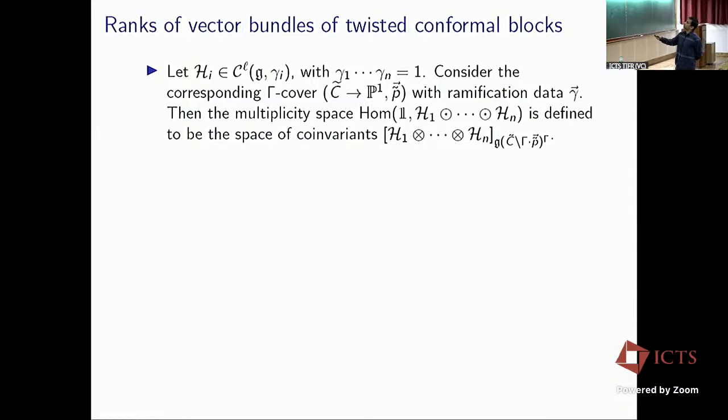The way to do this is, suppose you have n elements of the group whose product is 1, and suppose you have objects h_i belonging to the corresponding grades. Now take P1, the Riemann sphere punctured at n points.